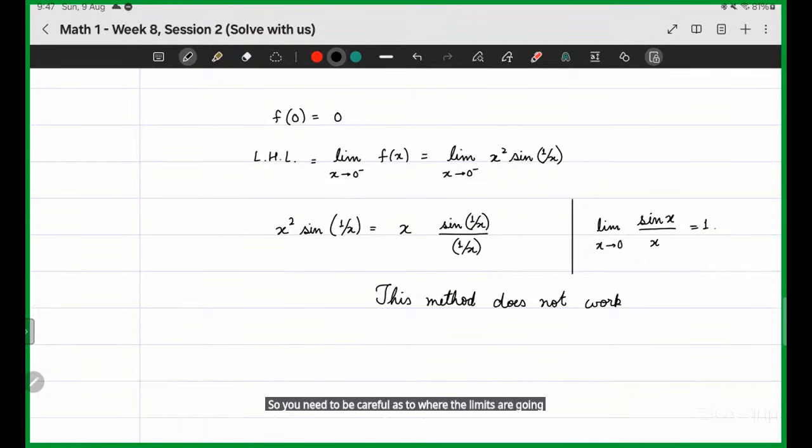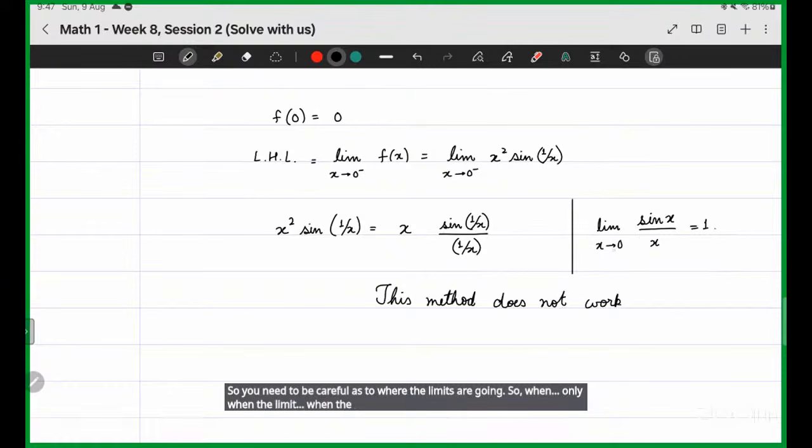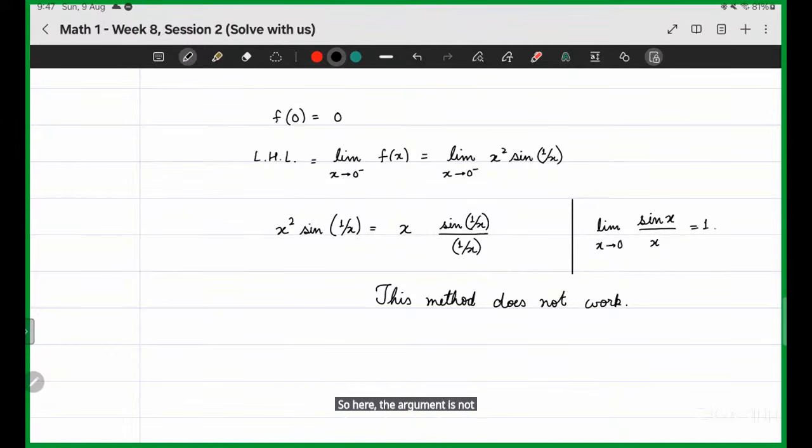Only when the argument is going to 0, you can say sin x by x is 1. Here the argument is not going to 0, so you cannot use this result. L'Hopital you cannot use because this is not of the form infinity by infinity. The denominator is going to infinity, but the numerator is not. If x tends to infinity, then I can use this.